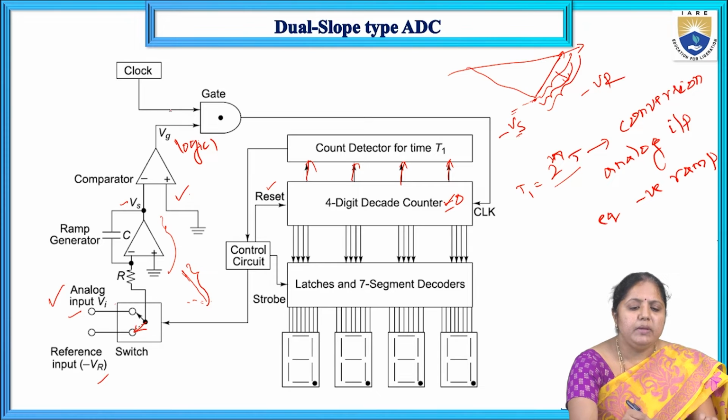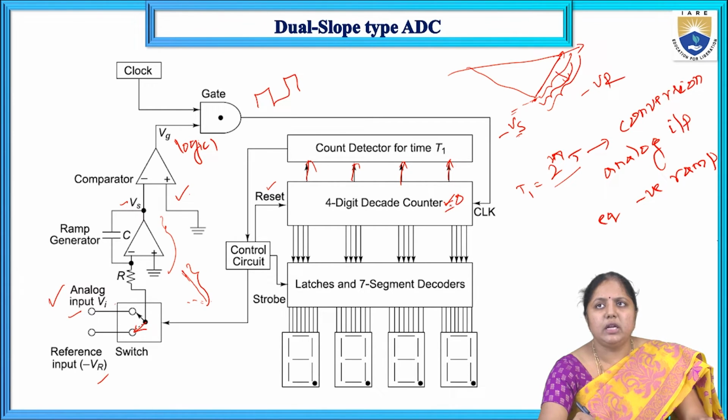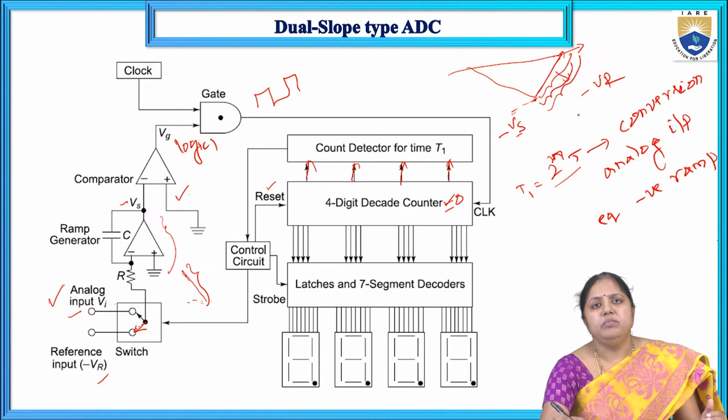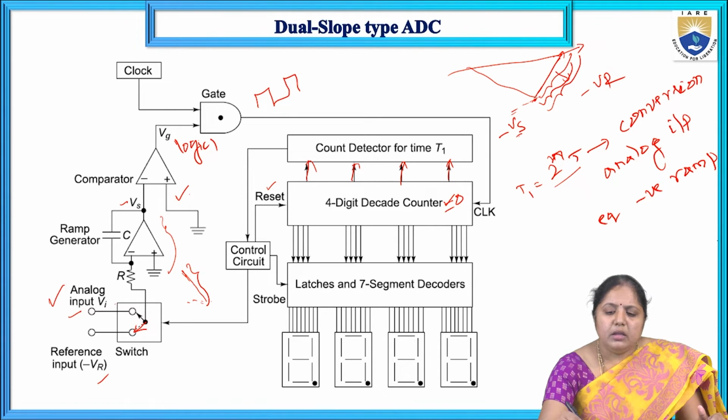Now this time, your clock pulses will be passed through. So exactly what it will do is, your counter will count how much time is taken by the circuit to bring the previous negative slope back to ground.